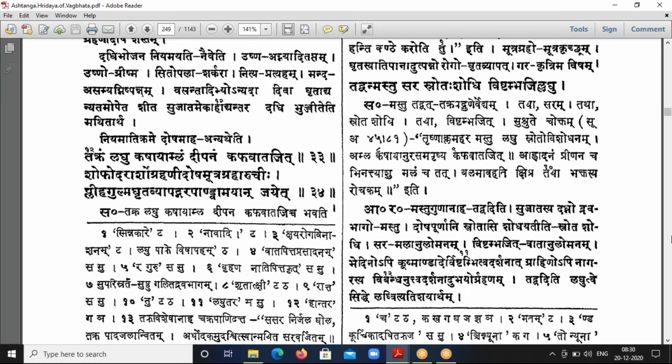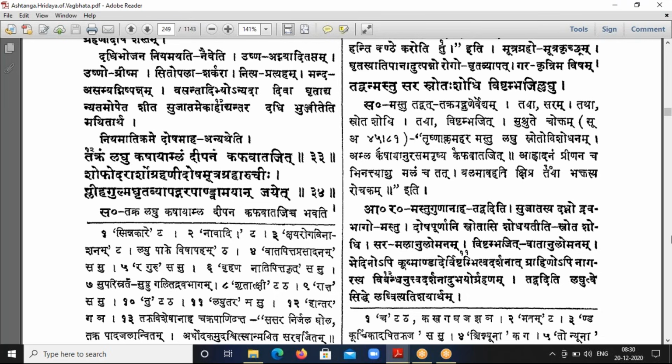Takram laghu kashayamlam, deepanam kabhavadajit, shobhodararsho grahani doshamutragraharuji, gulma pliha kridavyabad gara panduamayan jayed. It is Takram.